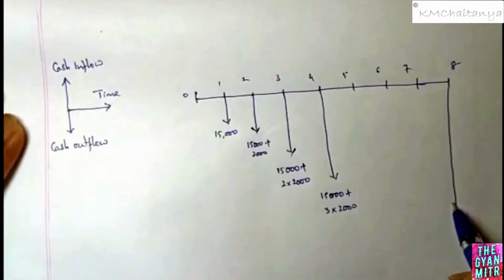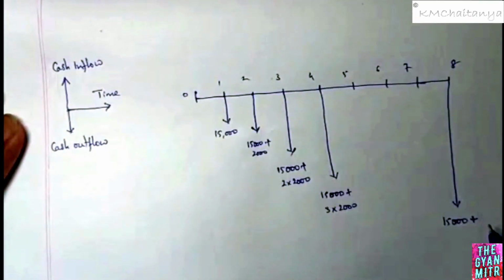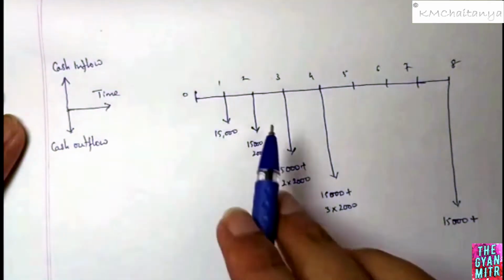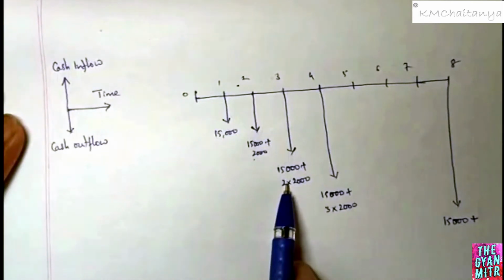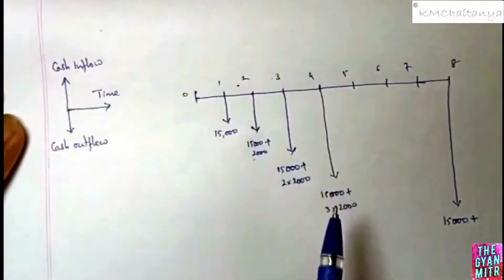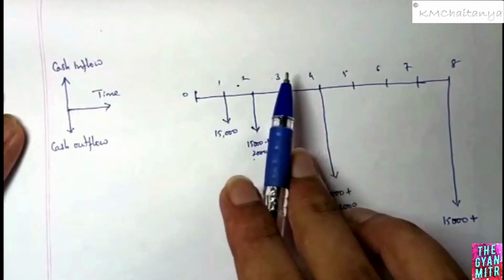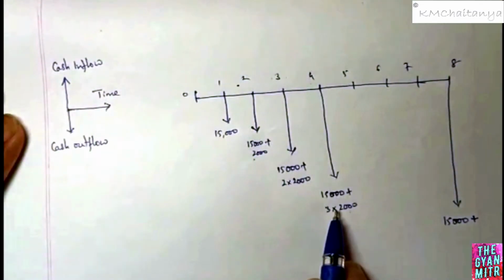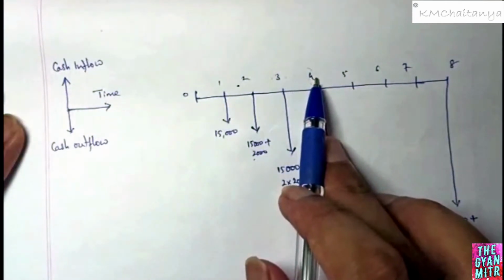For the 8th year it will be 15,000 plus, you can see here, for second year it is just 2000, third year it is 2 times 2000, fourth year it is 3 times the 2000. So for each year whatever you consider, the increment will be 1 less than that particular year.